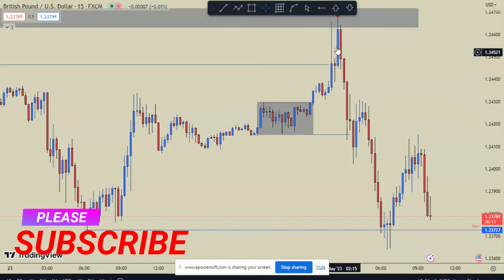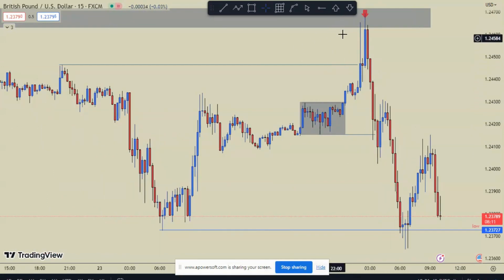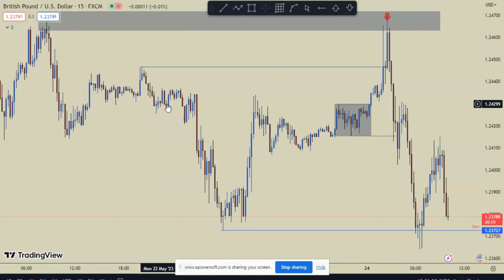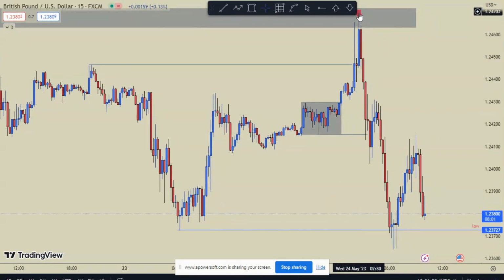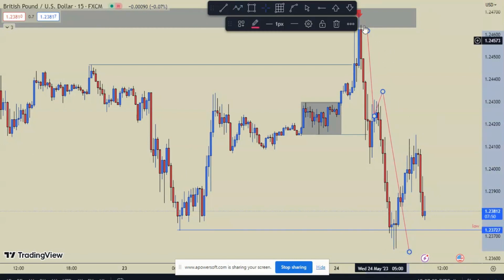So we expanded to the upside. We have an area of supply. I think I marked it on the H1. So we expanded to the upside, and now here would drop to the downward side, in the same manner of dropping and then retracing, dropping and retracing.